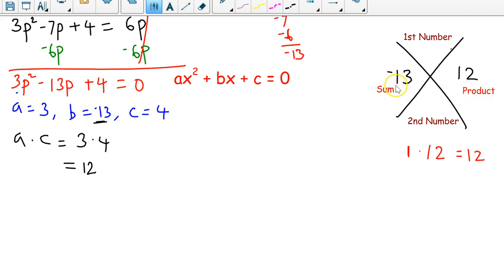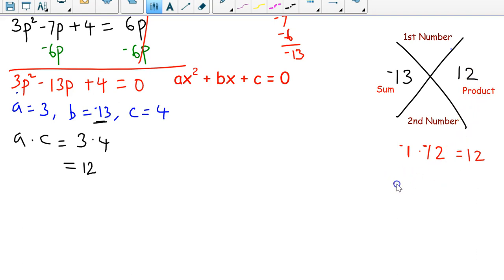But the problem is with the sum. The sum says negative 13. How do you fix this? In order to get negative 13, I have to just change both the factors to negative 1 and negative 12. Still, if you look at the product, negative 1 times negative 12 is still positive 12 only.